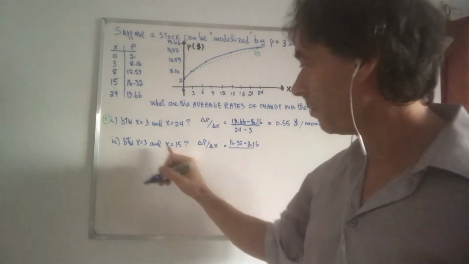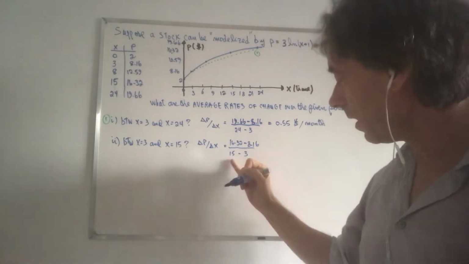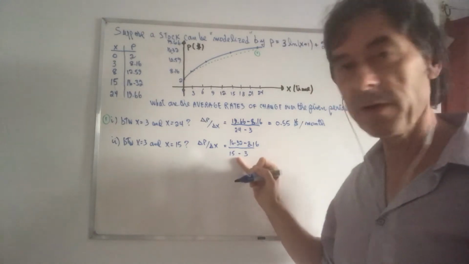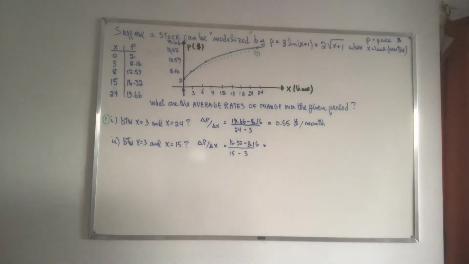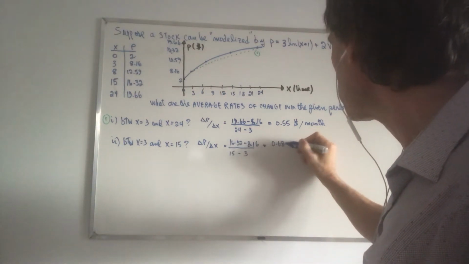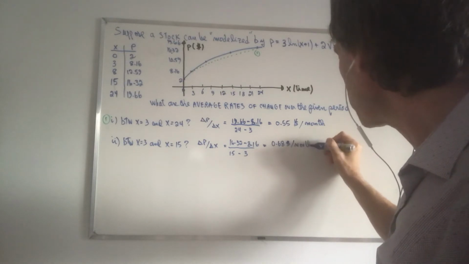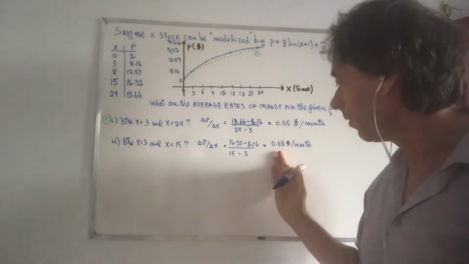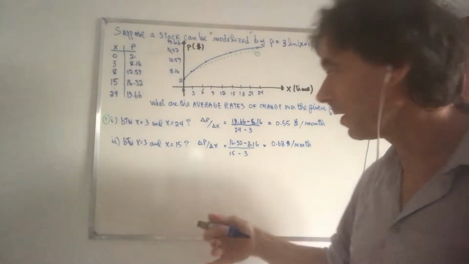It is now between 15 months and 3 months. So this calculates the change in my stock over a period of 12 months or 1 year. You calculate that and you get something like 68 cents per month. So on average, my stock is changing in value by plus 68 cents per month. It tells you how my stock is increasing little by little.